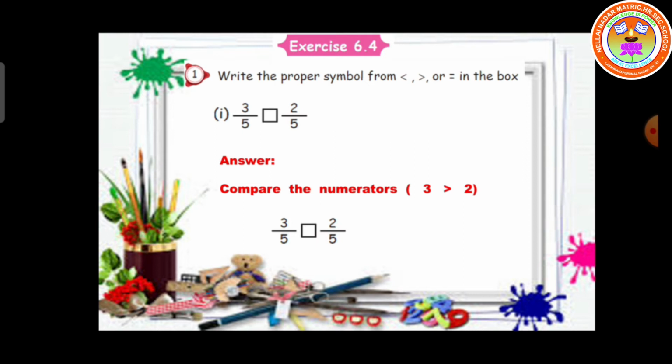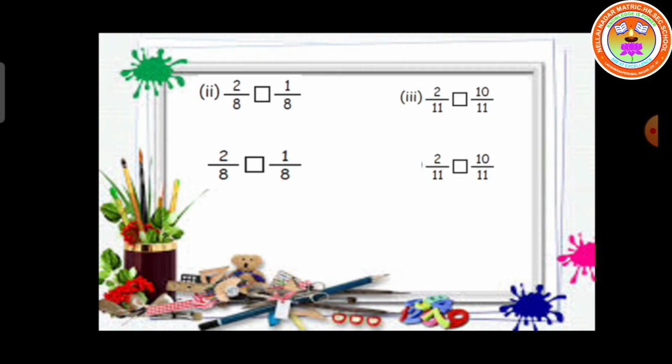Answer. When we are comparing like fractions, we must compare the numerators. Here, the numerators are 3 and 2. So, 3 is greater than 2. So, 3 by 5 is greater than 2 by 5. Is it clear?